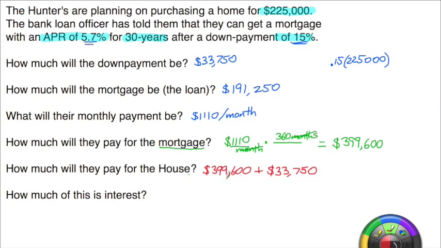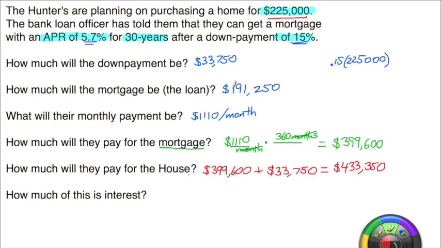The money that went towards their mortgage, the Hunters, and the money that went towards the down payment. So this gives you a grand total of $433,350 to pay for this house that originally cost $225,000.